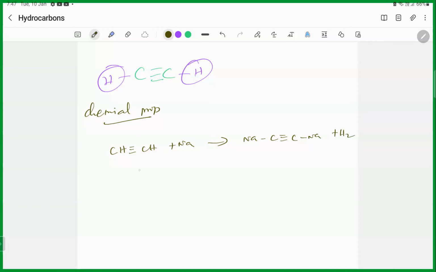Same with acetylene treated with sodamide, NaNH2, it will give sodium acetylide plus ammonia gas. Disodium acetylide. So sodium acetylide.